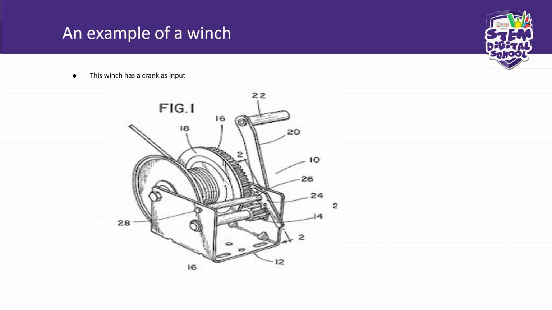And I want to see if you understand this gear arrangement. What is the output here? What output do we get here? Do we get an output of mechanical advantage or an output of a speed advantage?